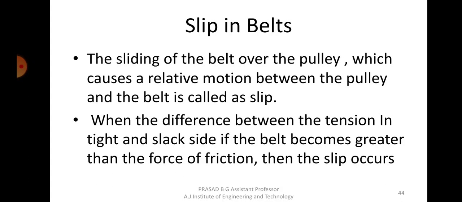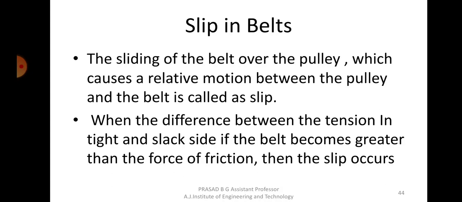Force of friction means it is actually an equation where the difference between the tension in the tight and the slack side is equal to mu into R, which is called the force of friction. As long as the difference between the tensions in the tight side and slack side is equal to this force of friction, the belt will transmit continuously, power will be transmitted in the belt.